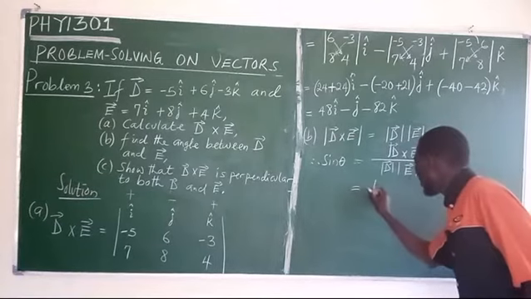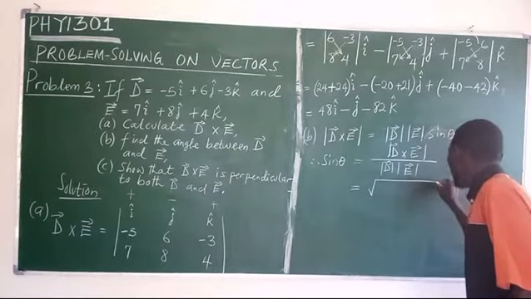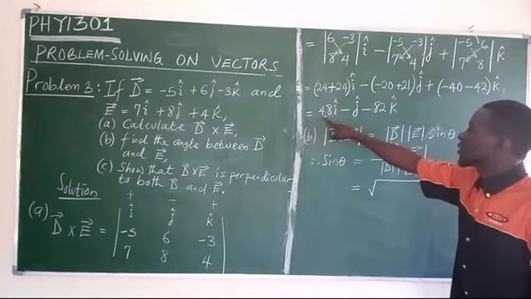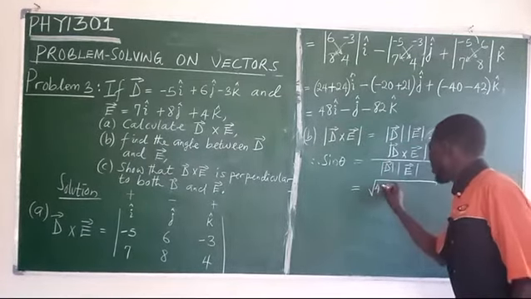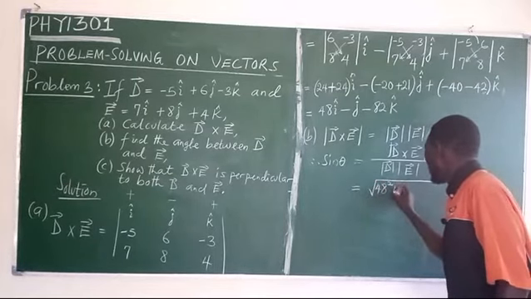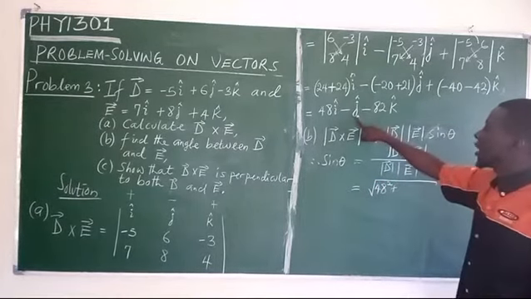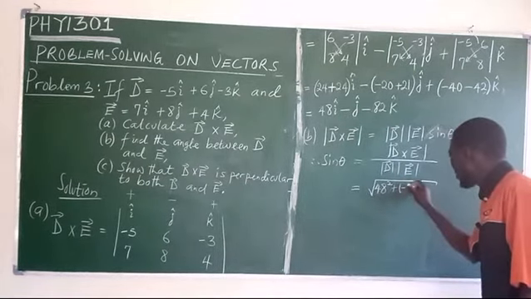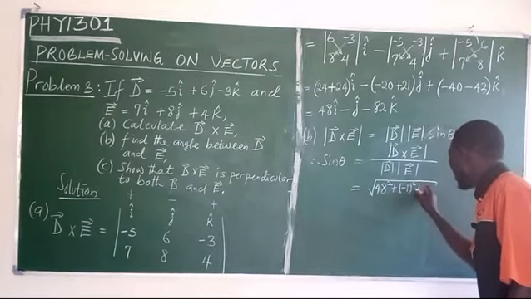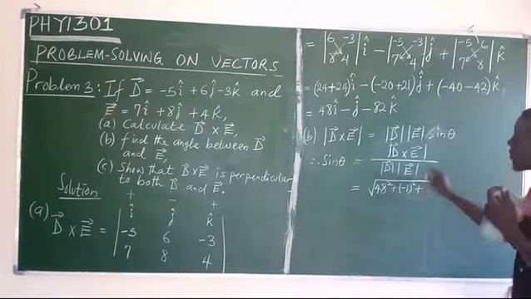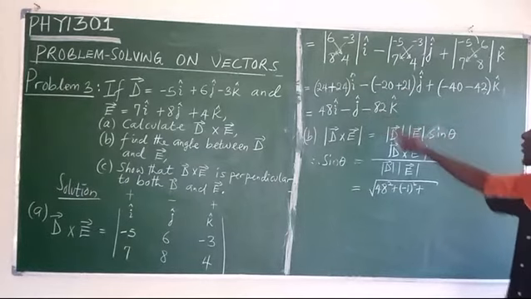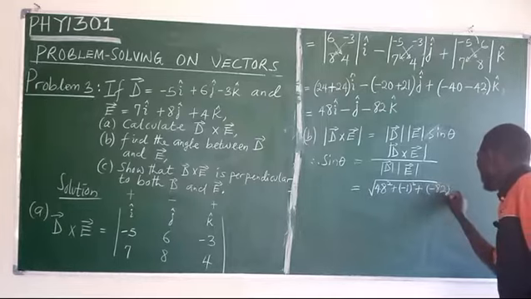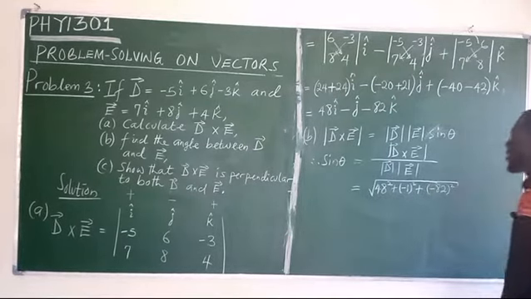So you simply open a square root. In the root, you take the coefficient of I here. The coefficient of I is 48, so you put the 48 and square it, plus the coefficient of J hat is -1, so I open a bracket here and place -1 close bracket square, plus the coefficient of K hat is -82, so I open a bracket and place -82 close bracket and square.